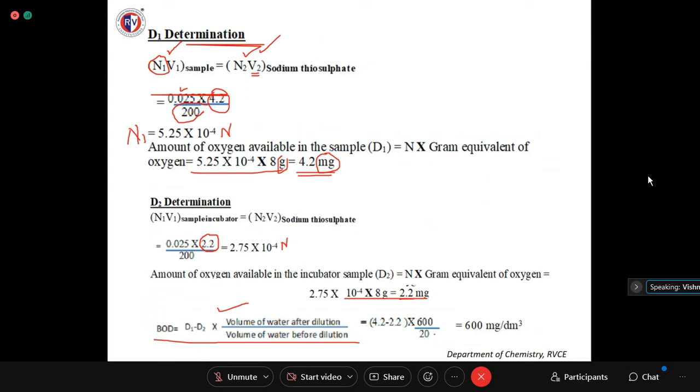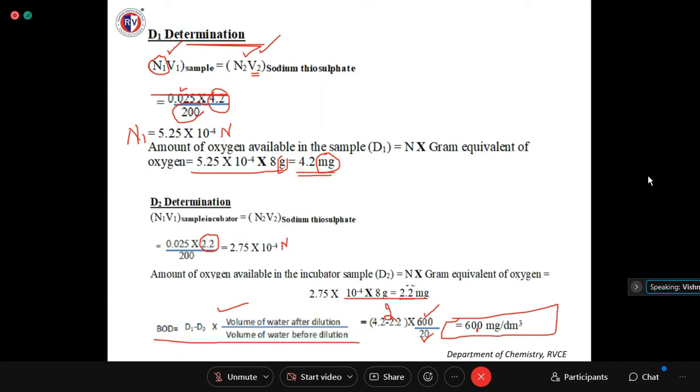Volume of water sample after dilution is 600. Before dilution is 20. 4.2 minus 2.2 it is 2. 2 into 600 by 20, then answer will be 60. Forgot to put a dot here. 60 milligram per dm cube. Not 600. 60 milligram per dm cube. That will be your final BOD of the water sample.